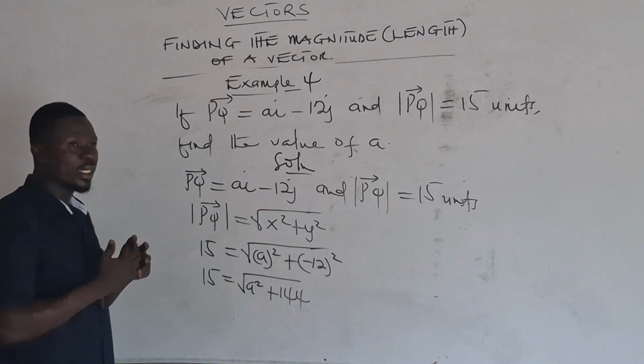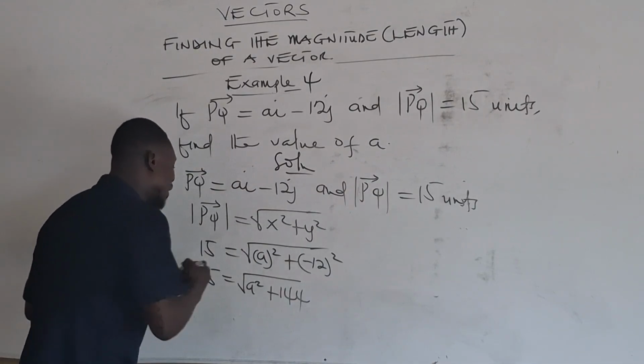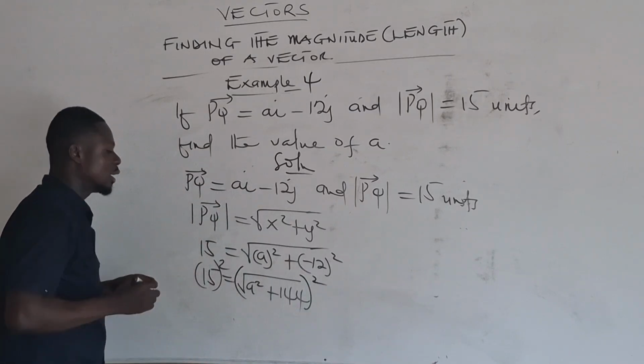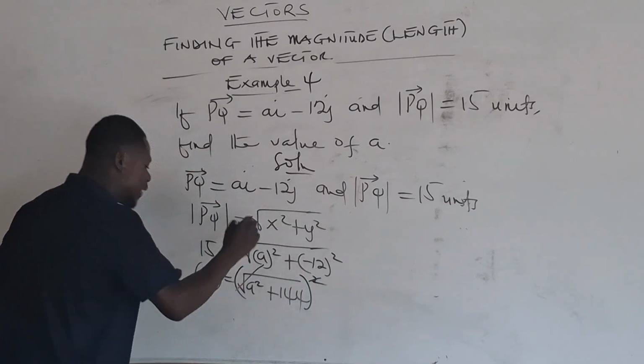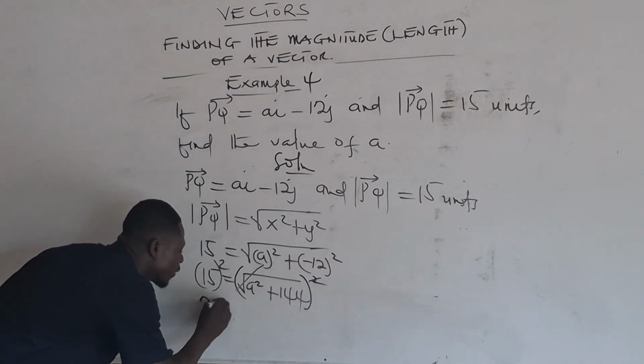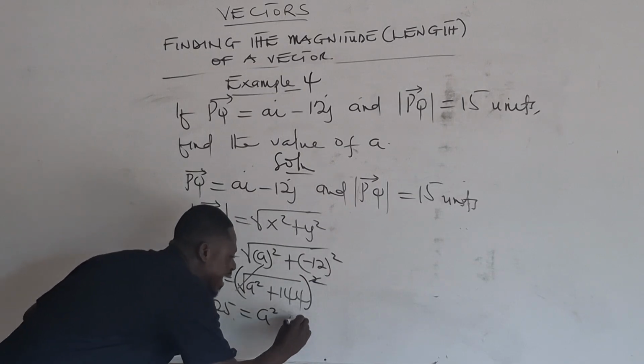In this case, we need to get rid of the square root, and we do so by squaring both sides. The square will take care of the square root, and squaring 15 will be 225, and this will be equal to A squared plus 144.